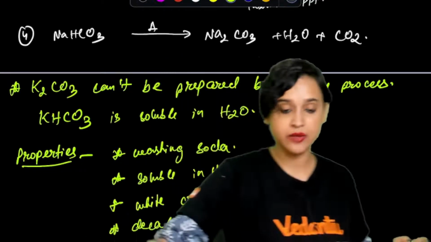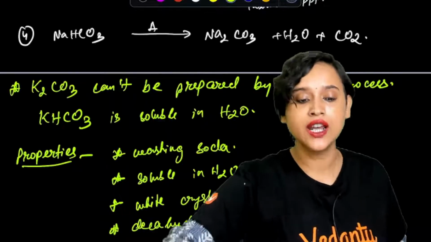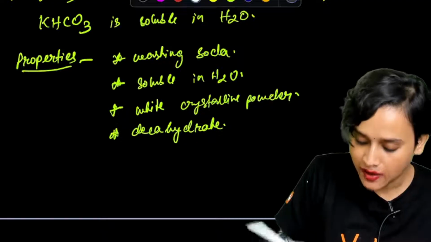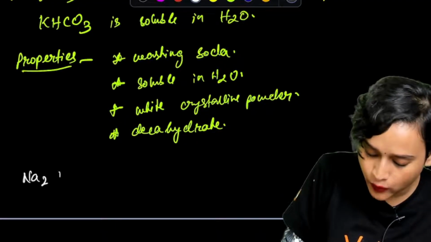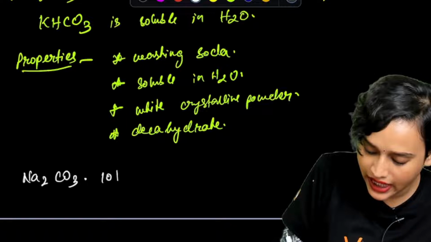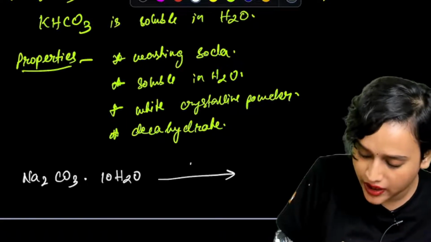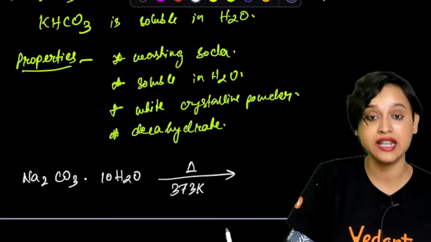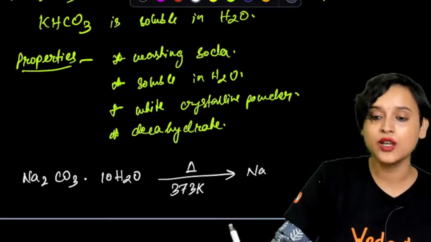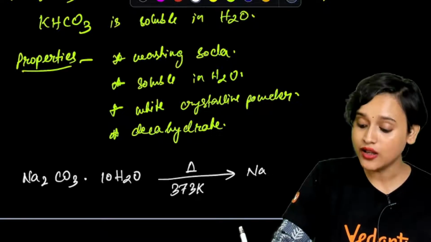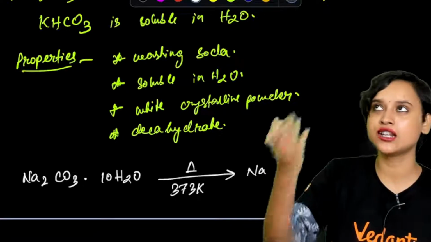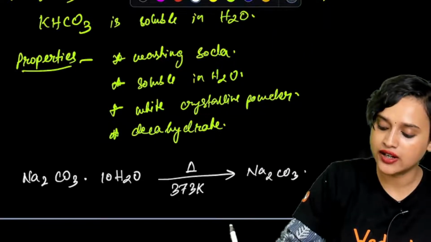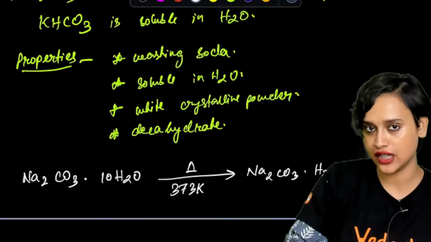Okay, so this is done, everybody. Now, what if we heat this Na2CO3.10H2O? See, this is very simple. If we heat this at about 373 Kelvin, do you know what will happen? 9 waters of crystallization will run away and only 1 water of crystallization will remain.